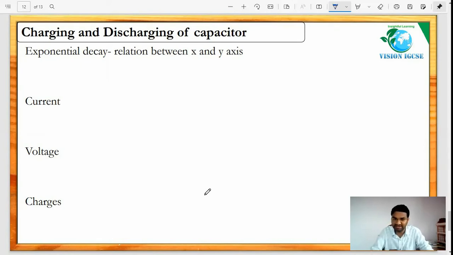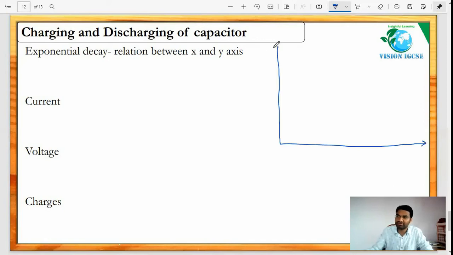So in those cases, this charging and discharging happens in an exponential manner. Look at here, initially it is fast, and then it charges slowly.